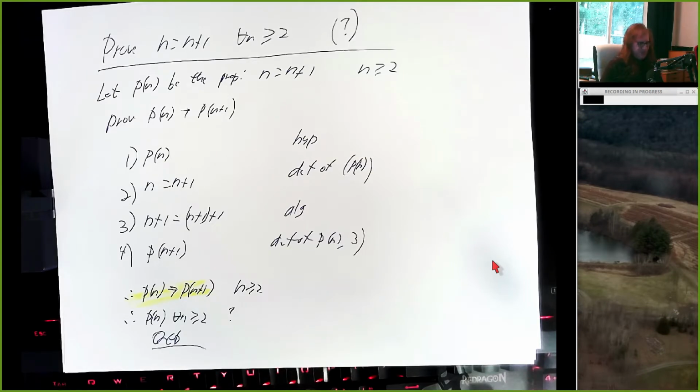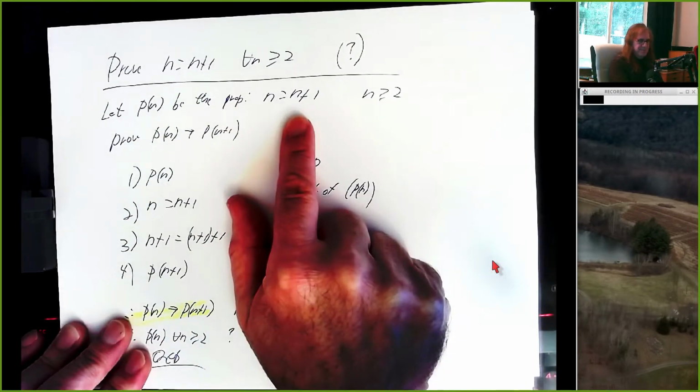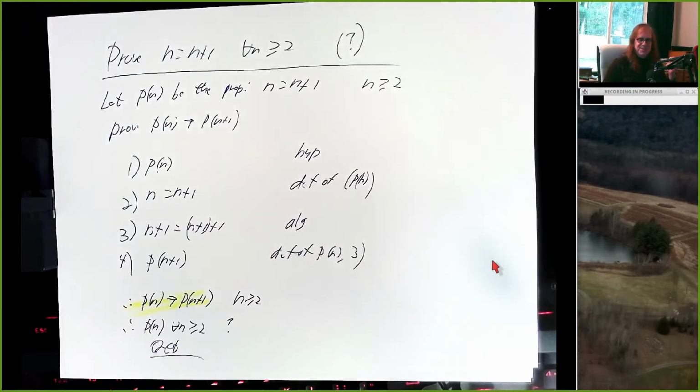So what's wrong with this proof? The proposition's messed up. This proposition? That's wrong. But how do you know it's wrong? I just proved it's true. How do we know that the proposition that the sum of the first n integers is equal to n times n plus 1 over 2 is right?